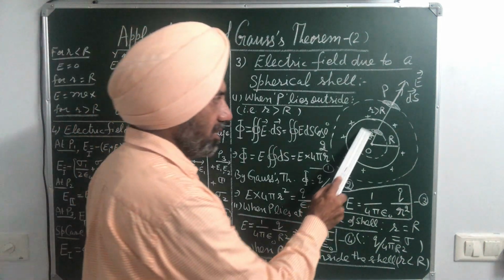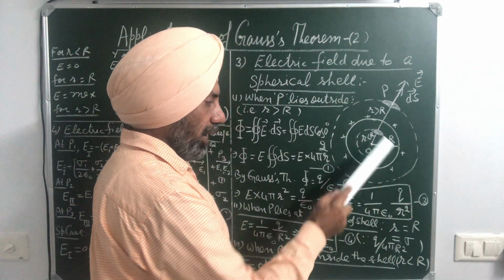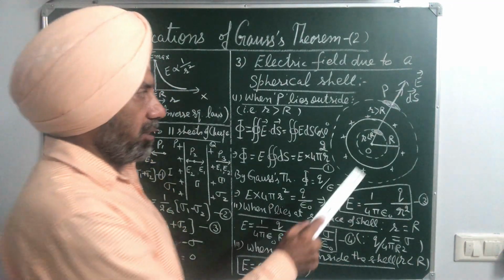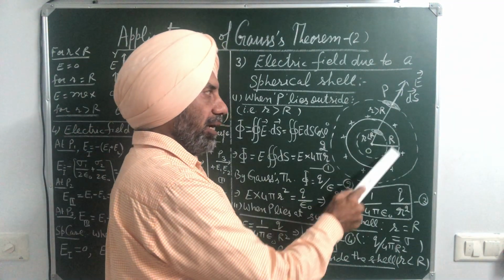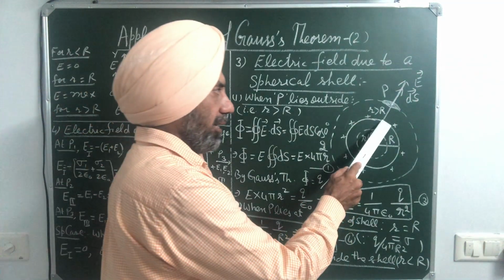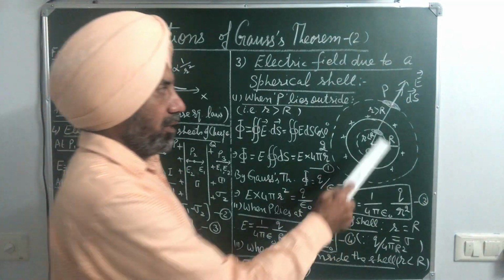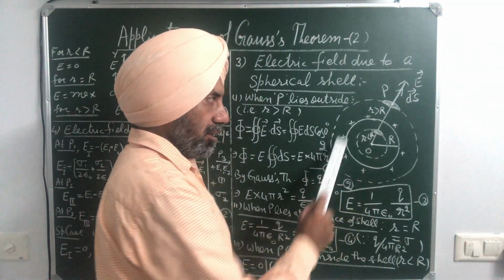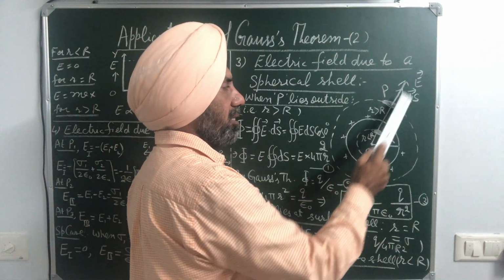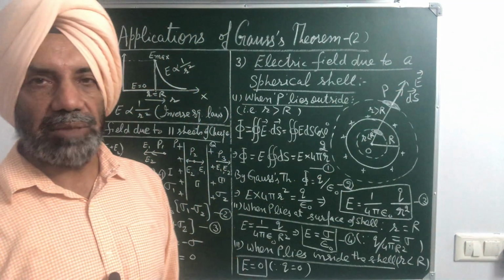So there is no charge inside, which means there will be no electric field inside the spherical shell. So we have proved there is no electric field at any point inside the spherical shell. The electric field at a point on the surface of the spherical shell is maximum, and it decreases as we move away from the surface of the spherical shell.